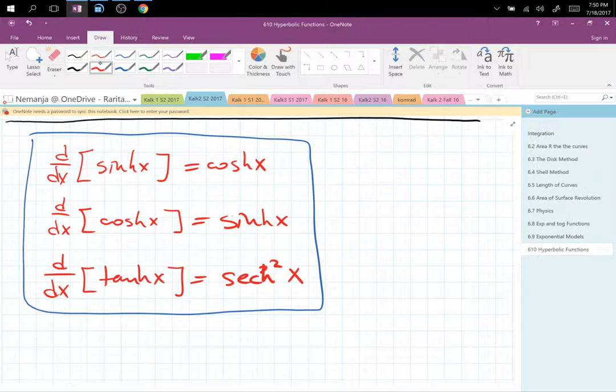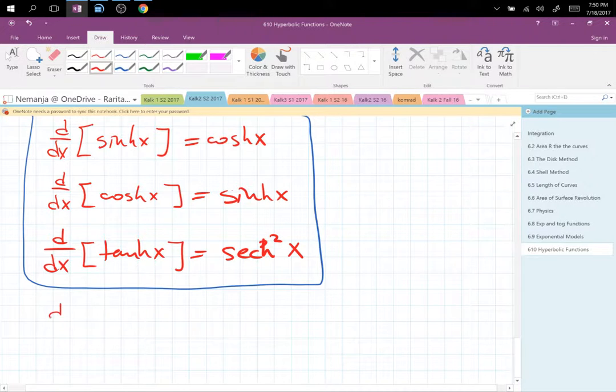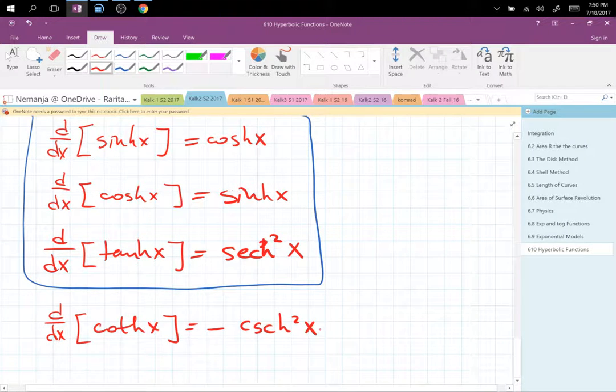Now, the next would be cotangent hyperbolic x, which is negative cosecant hyperbolic squared.